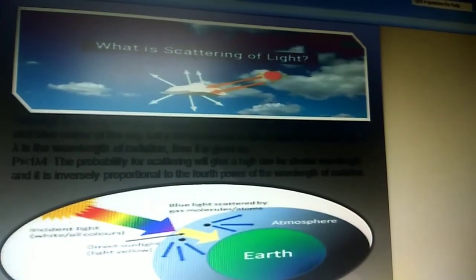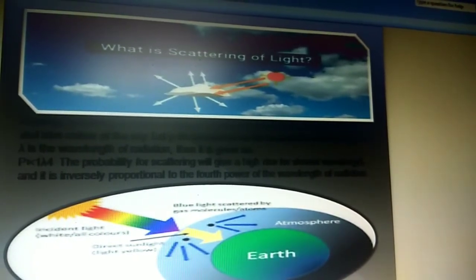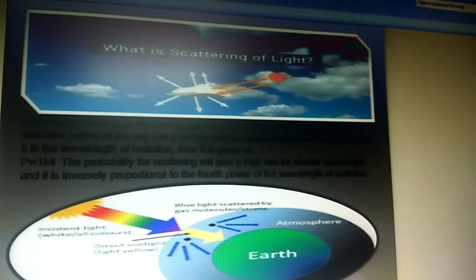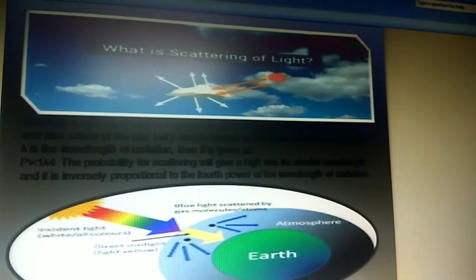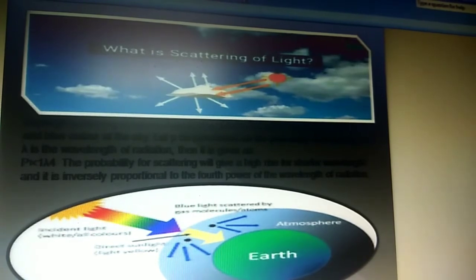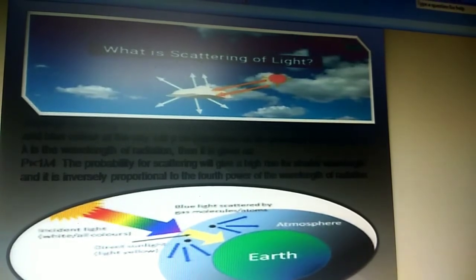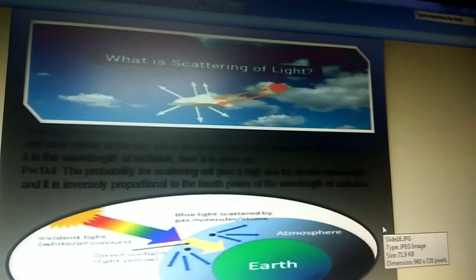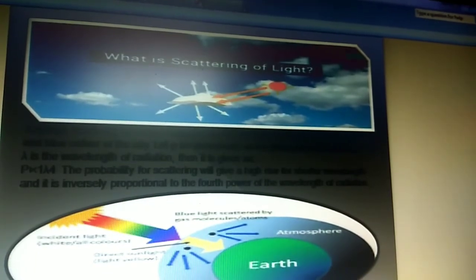The probability of scattering will be higher for shorter wavelength, and it is inversely proportional to the fourth power of the wavelength of radiation. In simple words, intensity of scattering of white light is directly proportional to 1 by lambda to the power of 4. Based on this scattering of light, some phenomena will be seen in nature.